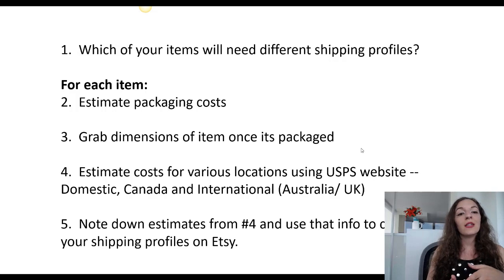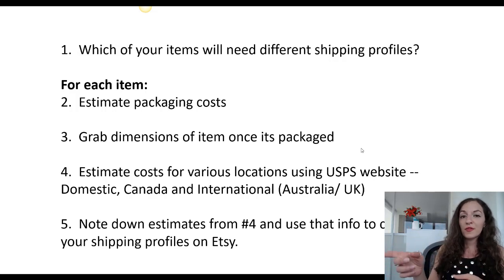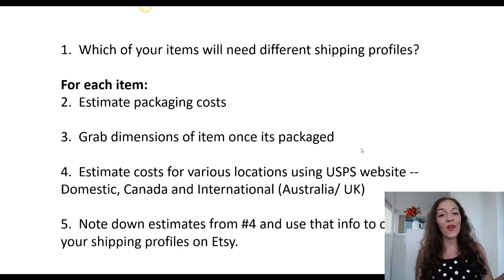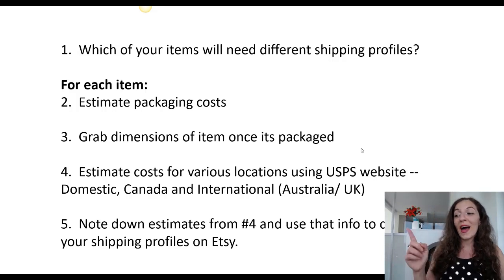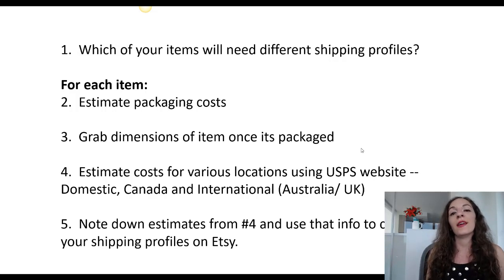So you want to take a look at all of the things that you sell in your store and ask yourselves which of these items will need different shipping profiles, because that item over there weighs like 15 pounds and that item over there weighs like 1 pound, or that item over there is really big and that one is really tiny, because those differences will matter, right? They will each have a different shipping cost.